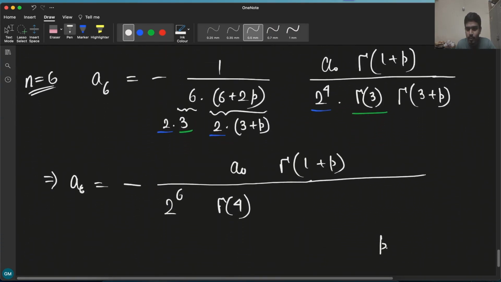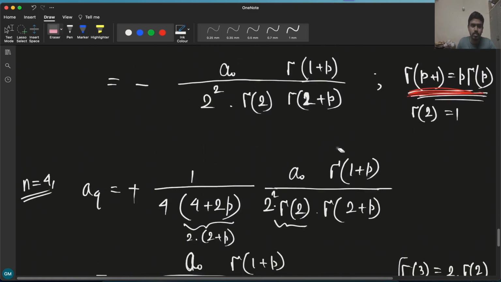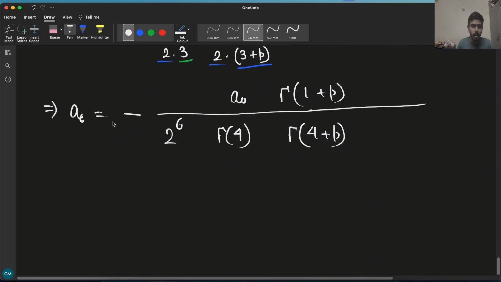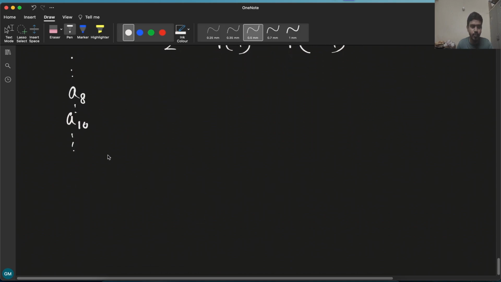So it basically says that p times gamma p equals gamma p plus 1. So in that case this 3 plus p times gamma 3 plus p will equal gamma of 3 plus p plus 1, which is 4 plus p. And now we can clearly see this pattern. And if I write the solution now, there will be a8, a10, a12, and so on.